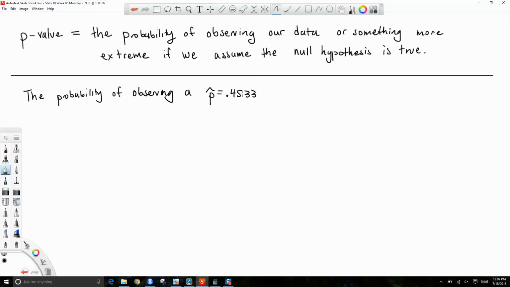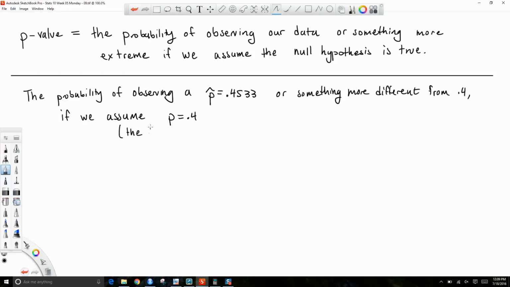The probability of observing a p-hat of 0.4533 or something more different from 0.4, if we assume p is equal to 0.4, so this is if we assume that the null hypothesis is true. That probability is 0.1836. Okay.